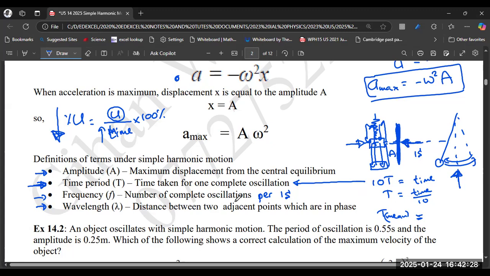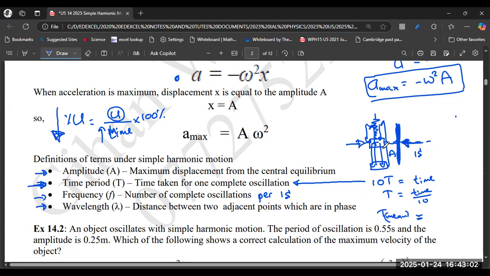Then the next thing is, how do we find the frequency? Now, if you try to measure the number of oscillations per 1 second, there is an issue.